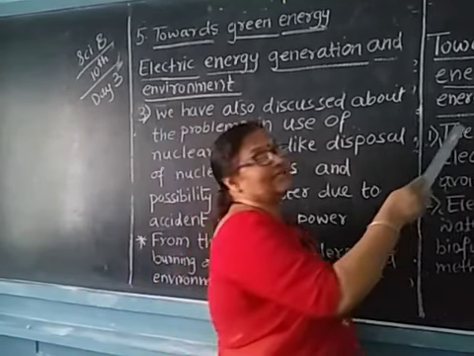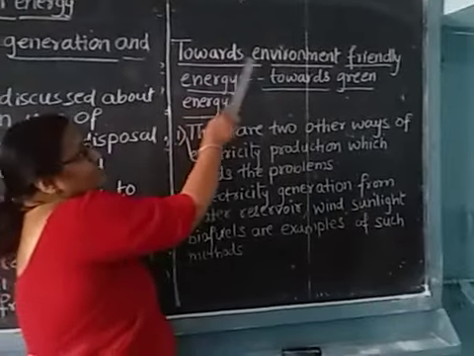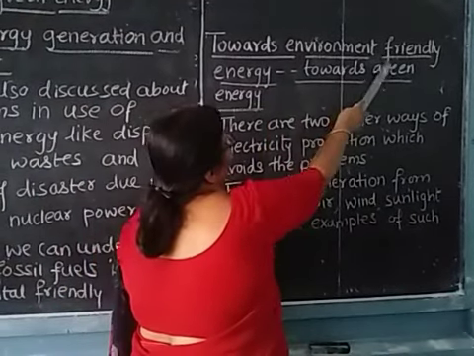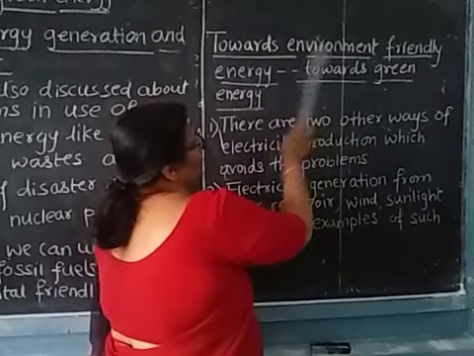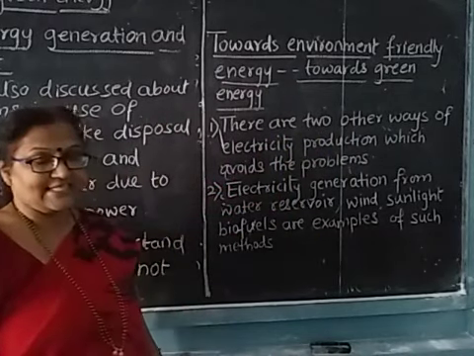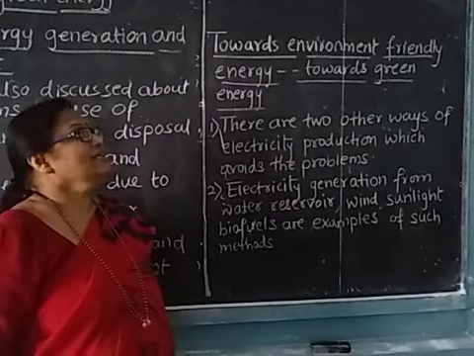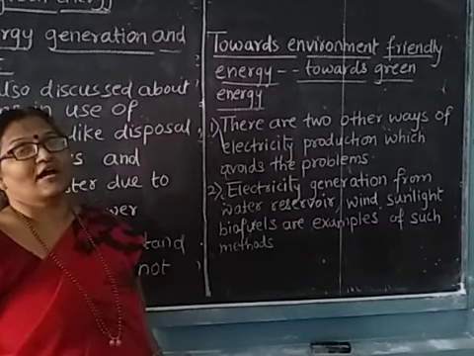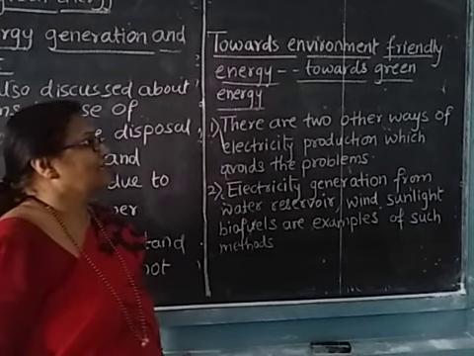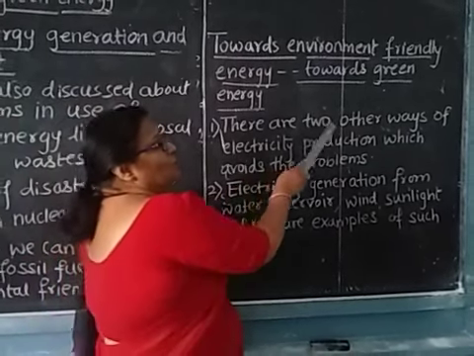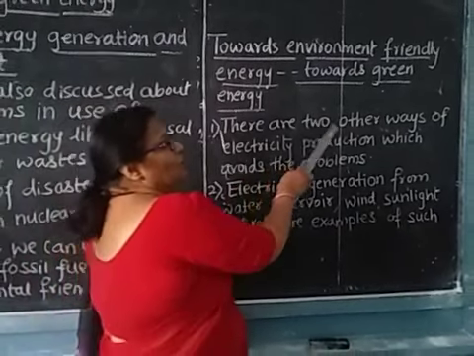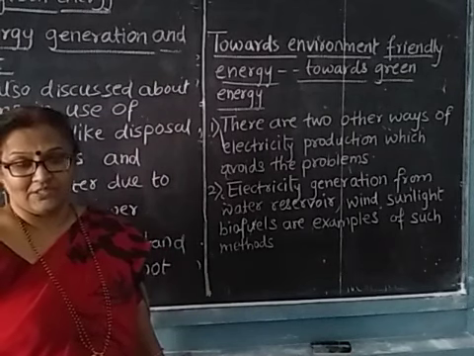Now the next point is towards environment friendly energy, towards green energy. That means here we are going to study what is green energy, or how we are going towards green energy. See here, there are two other ways of electricity production which avoid this problem.